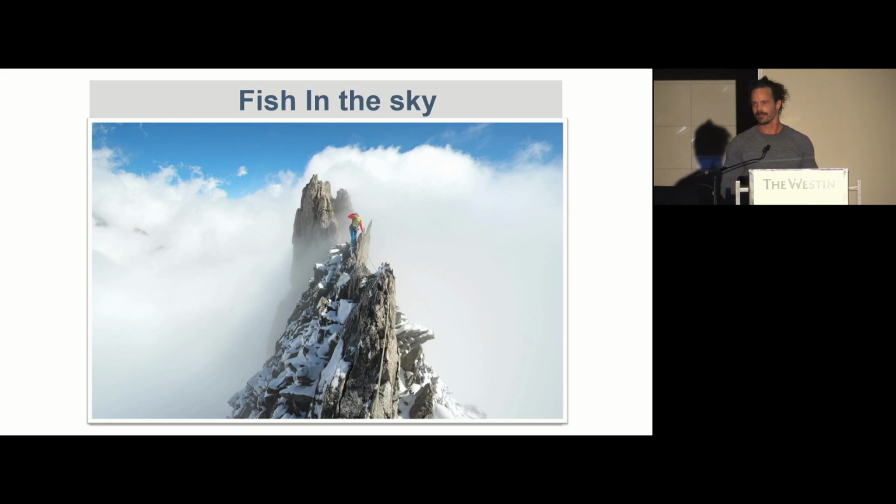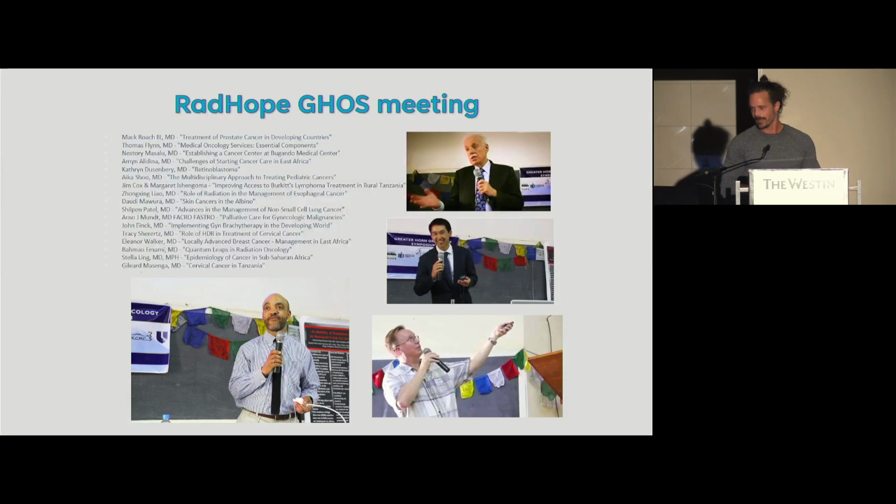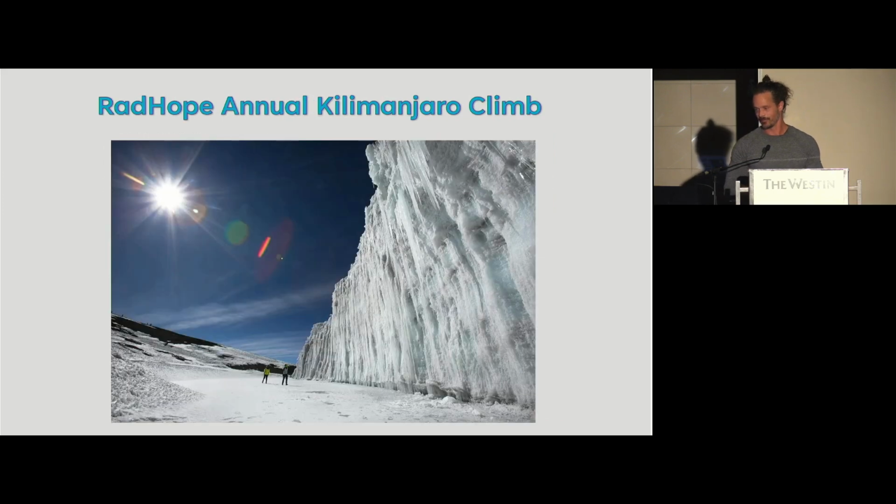And so everybody here, people I really admire, you're fish in the sky type people. You see a greater depth to the world, and you try to make a difference. And it's GHOS. My first meeting was so small, but now it's grown to 90-some people here today.